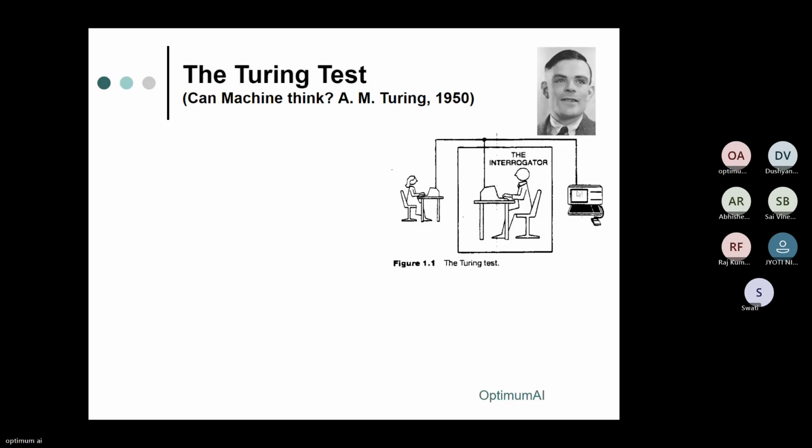He only knows that two persons are working, and he judges both of them as humans. If this computer or robot passes the test with this interrogator, then this machine will be called an intelligent machine.